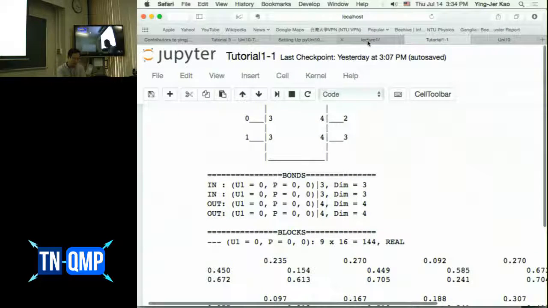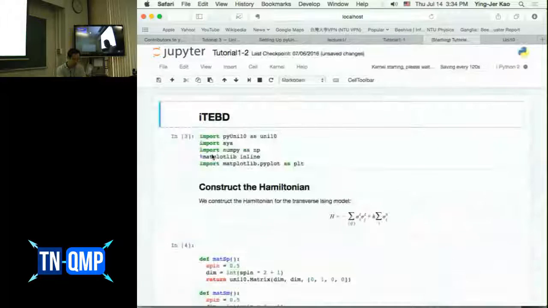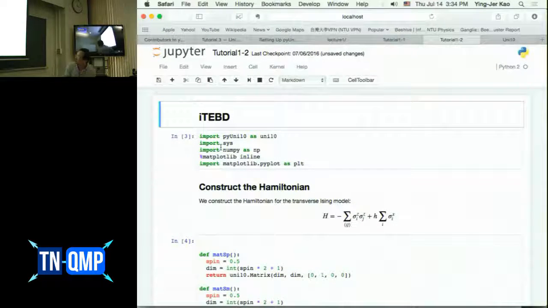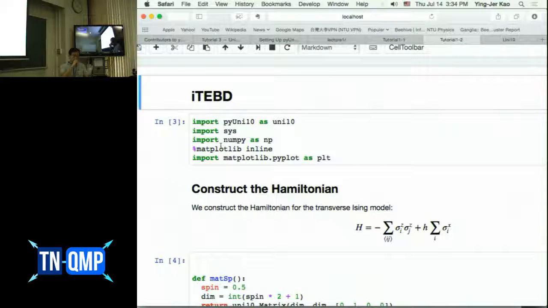Okay. So this is the boring part. So let's try to implement iTEBD.